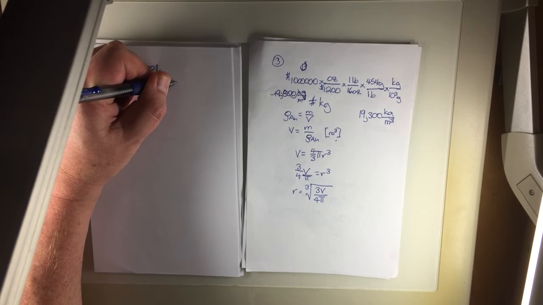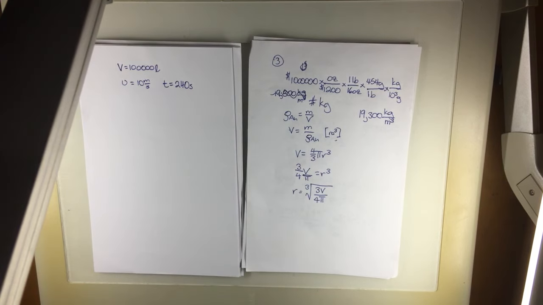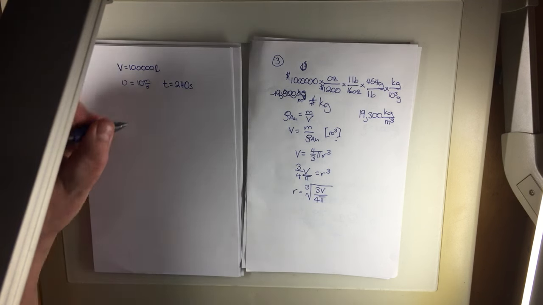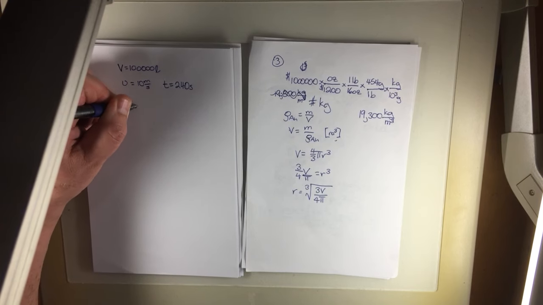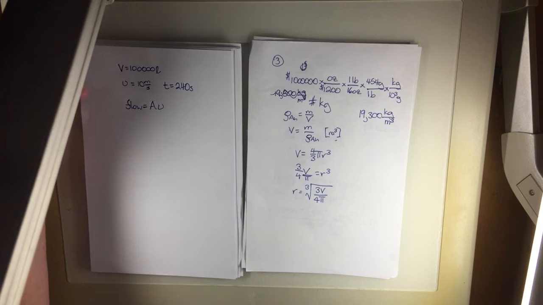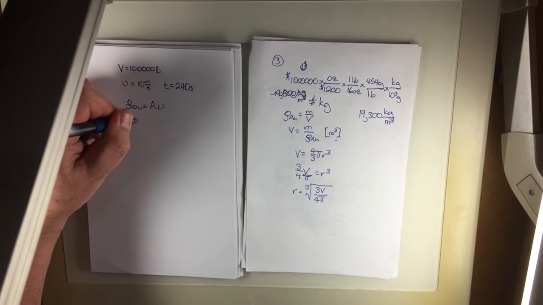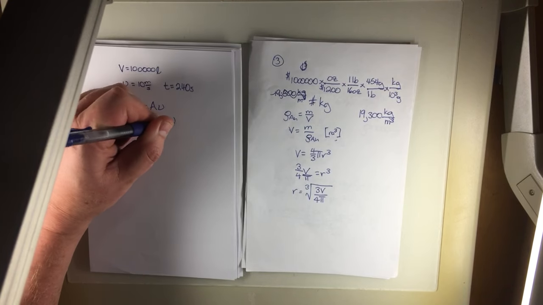So time is 240 seconds. Now this deals with flow. So flow is area times velocity. Flow times time will give you volume.